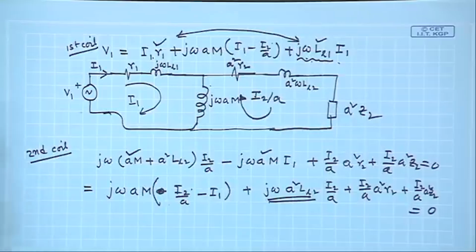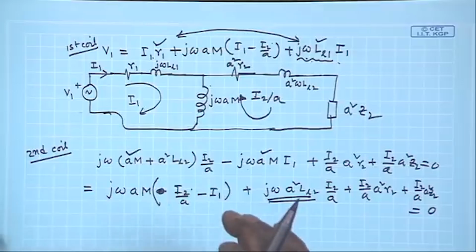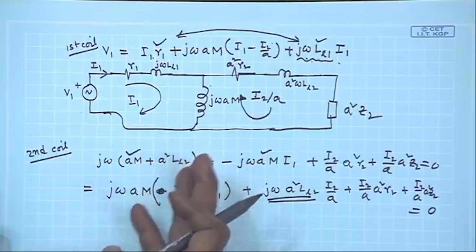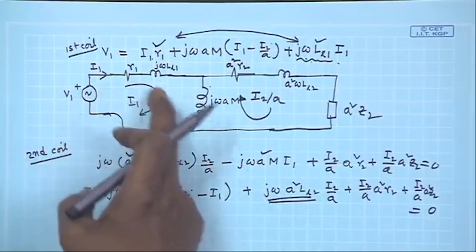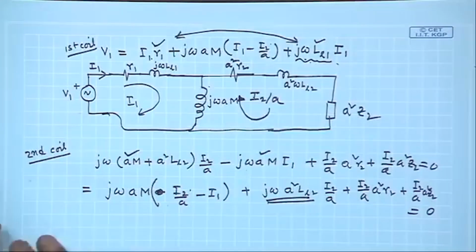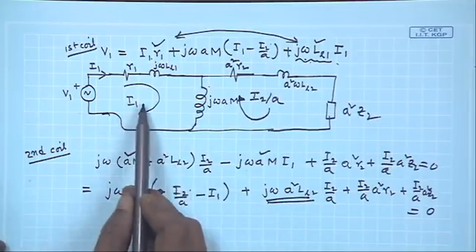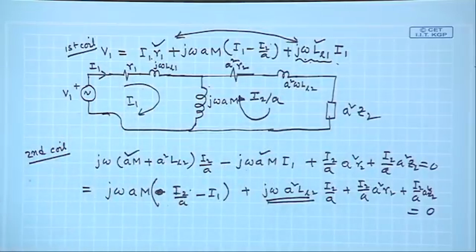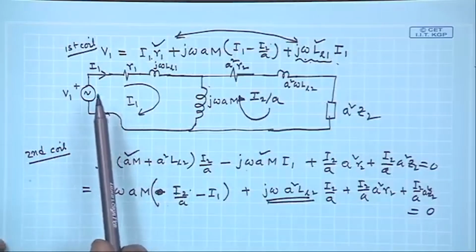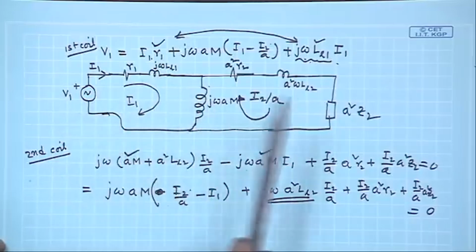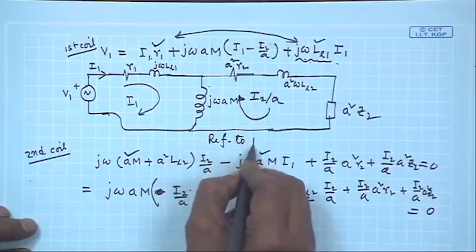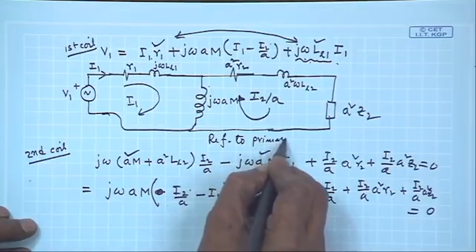So, I have played with these two KVL equations and arrived at this circuit. This is your mesh current, you must be familiar with mesh current equations. So, you now see both the loop equations are very nicely satisfied, and the equivalent circuit of a transformer referred to the primary is obtained.